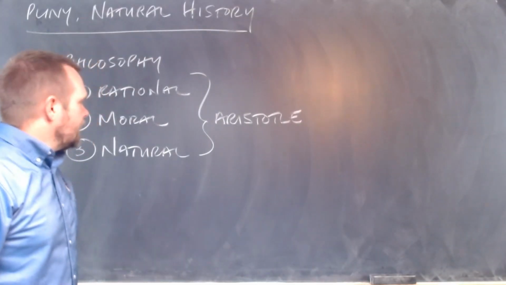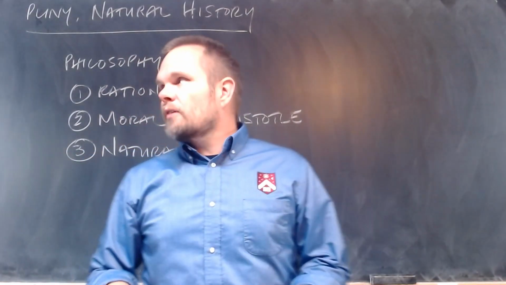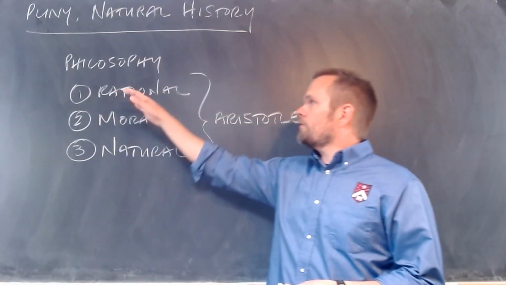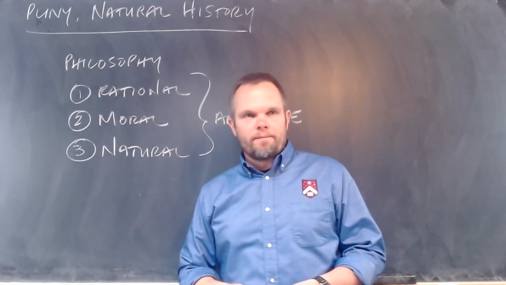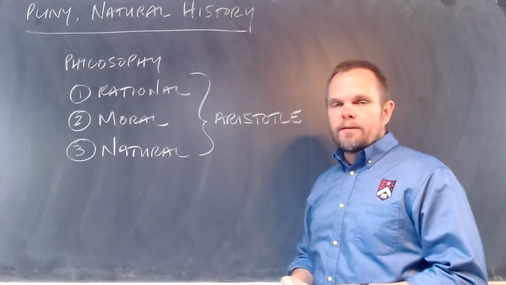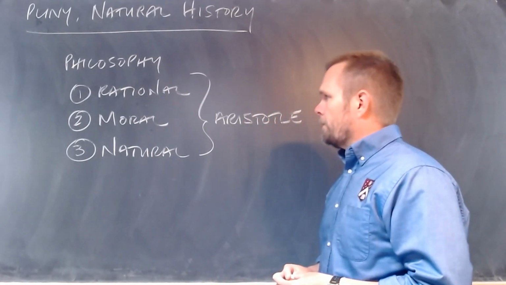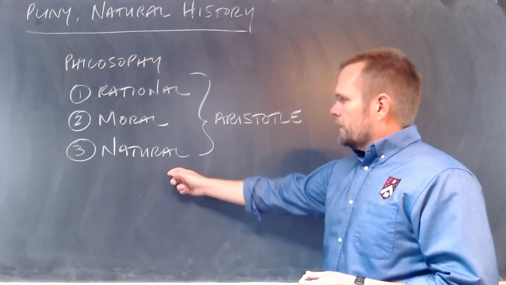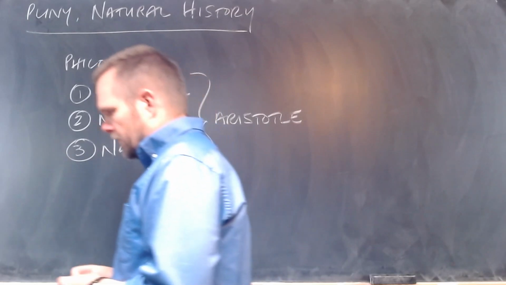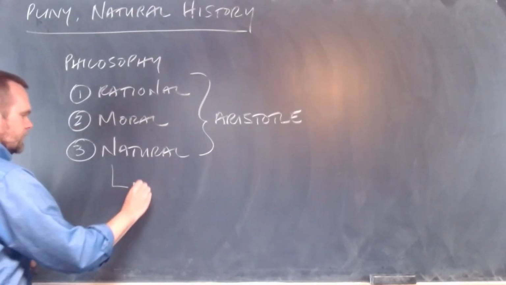And I told you that what we do to get started with philosophy in each of these subjects is we begin with simpler studies. For rational philosophy, we start with the study of grammar. For moral philosophy, we start with studies like Aesop's fables and Theophrastus' characters. But in natural philosophy, we start with a subject that's called natural history.